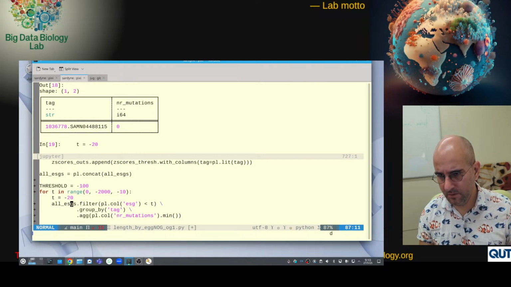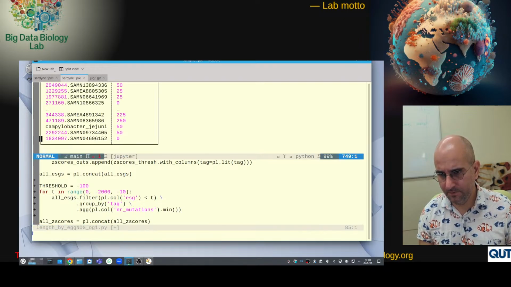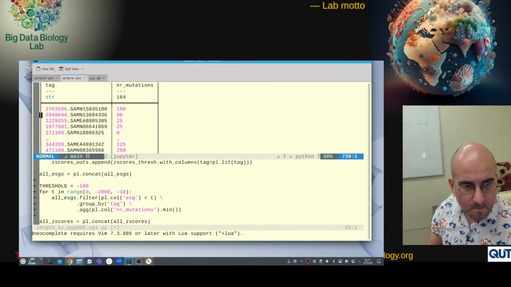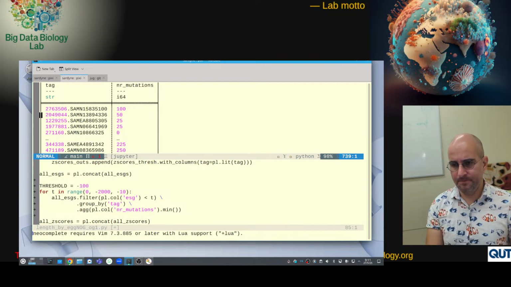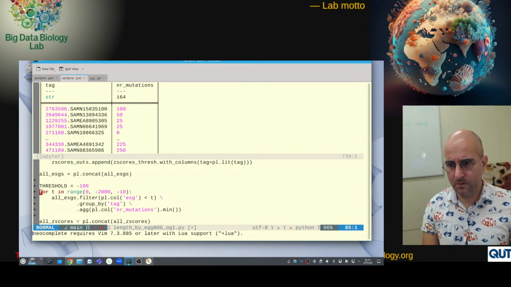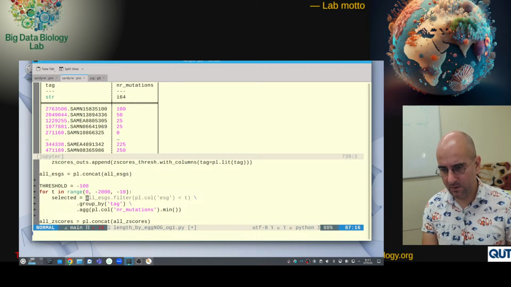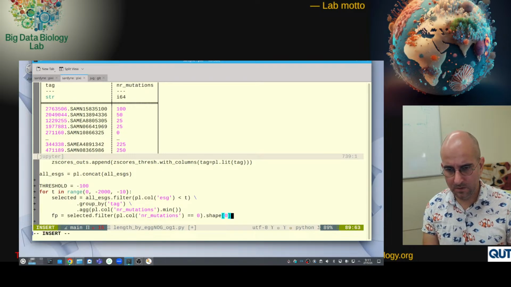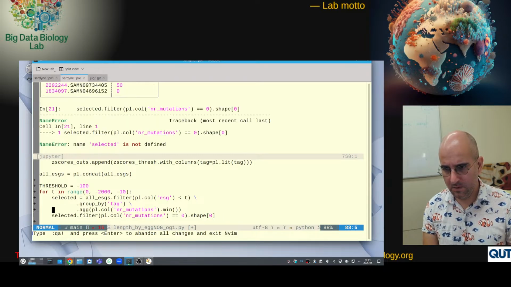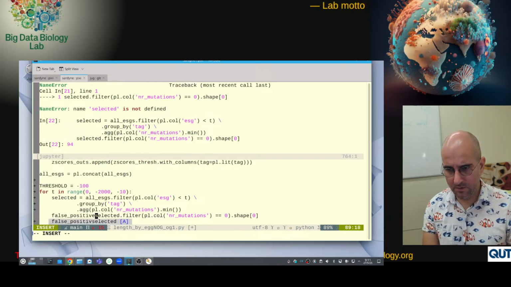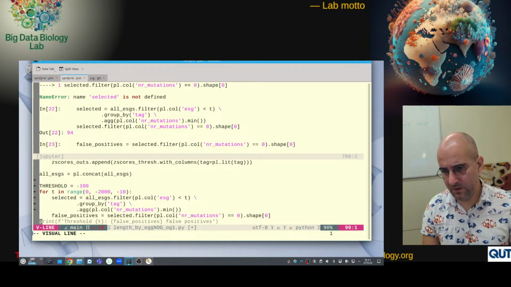Right, so let's do this. Okay, so anything with a 0, it's a false positive, right? Let's just, okay, this is not bad. Let's do it.